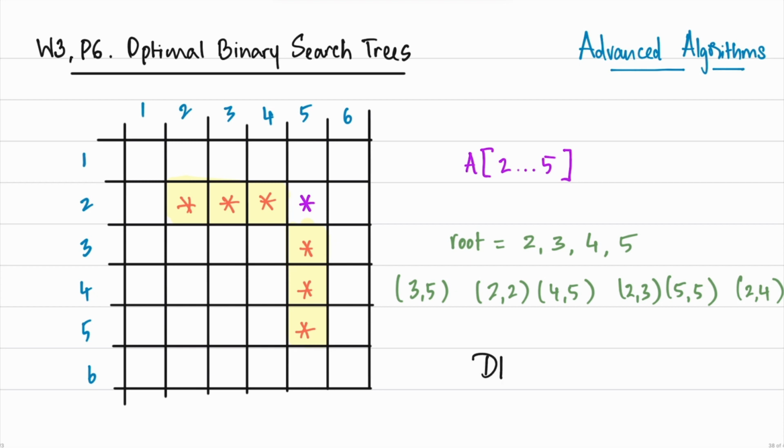So let's say you're trying to compute DP i, k, then you basically have to look up values of the form DP of i, r minus 1 and DP of r plus 1, k. So you're basically sticking to your lane in terms of the row or the column, and you're either going further up all the way to k, or you're going further back all the way to i. So those are the kinds of lookups that you have to do.